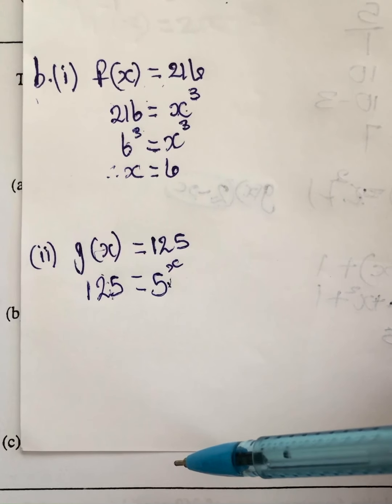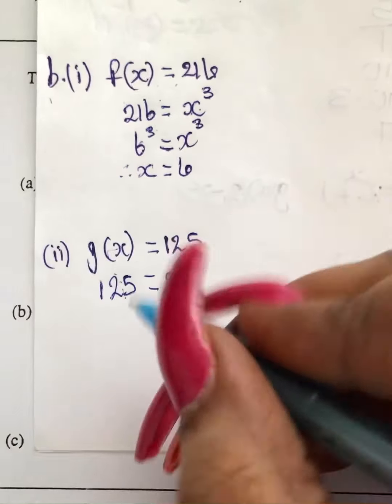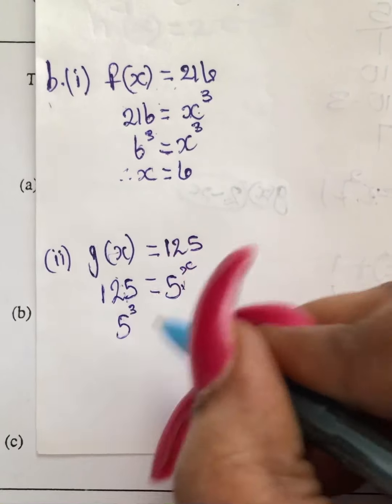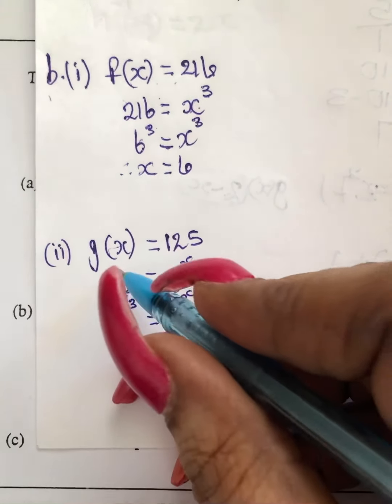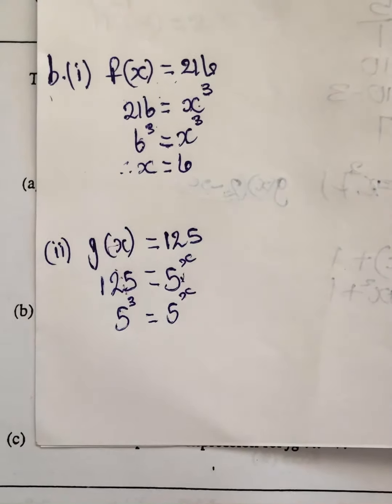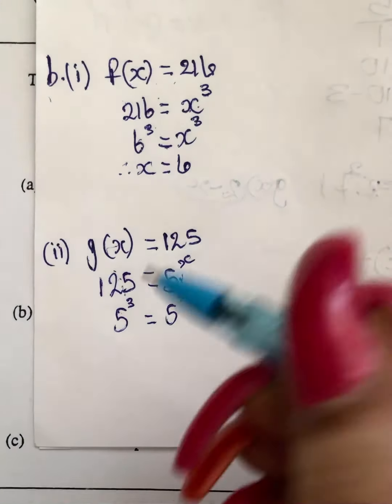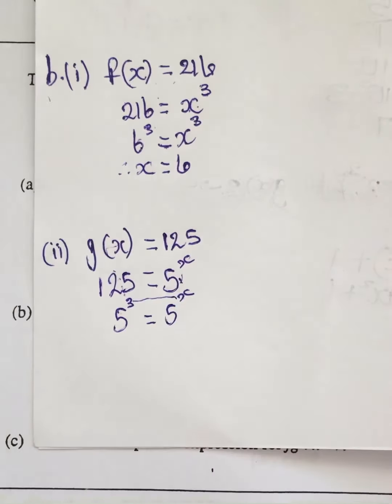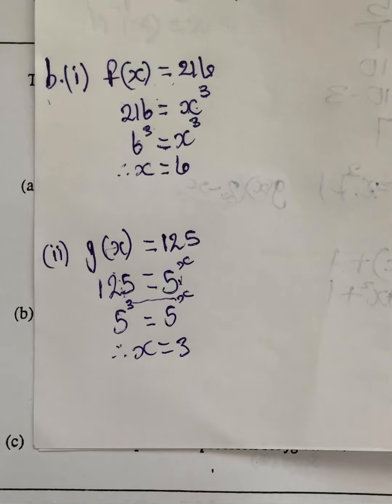What do we do with 5 to get 125? 5 multiplied by itself 3 times will give me 125. 5 5s are 25, 25 5s are 125. So now we can see our answer. What's the value of x? See it there? x is equal to 3.